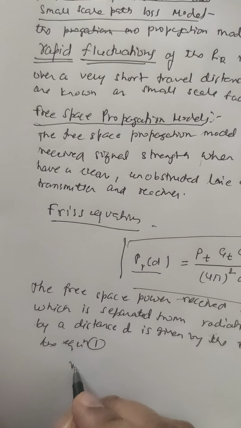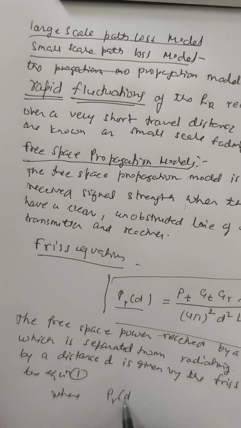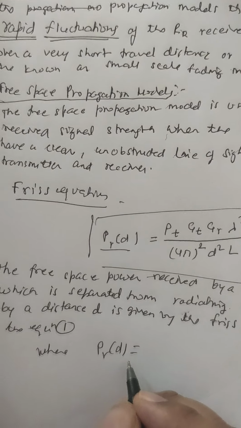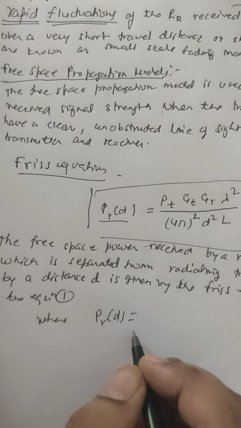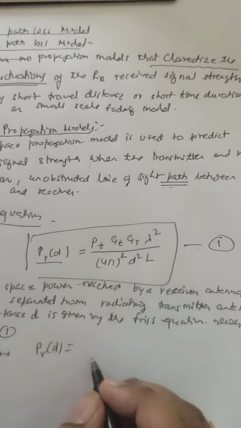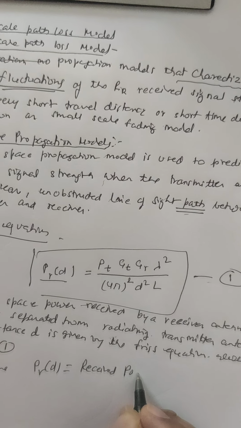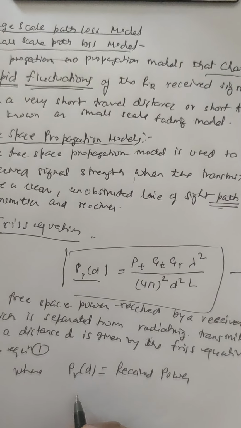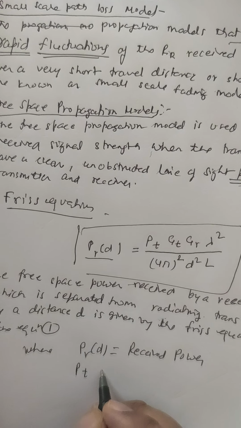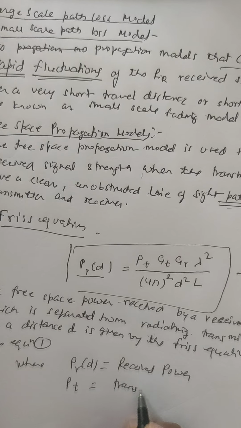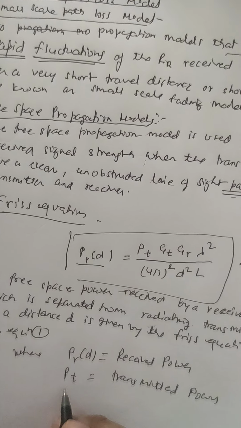where P_R at distance d, at the receiver, is known as the received power. P_T is known as the transmitted power.